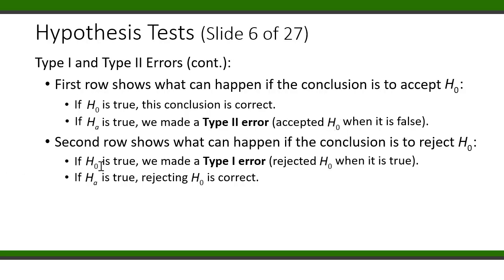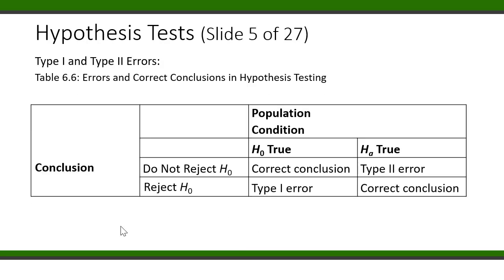In the second row, if H0 is true, we made a type 1 error if we rejected H0 or the null hypothesis. So to be correct then, if the alternative hypothesis is true and we reject the null hypothesis, then we've made the correct decision and we've avoided the type 1 error.